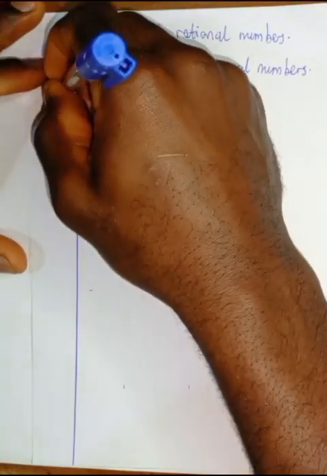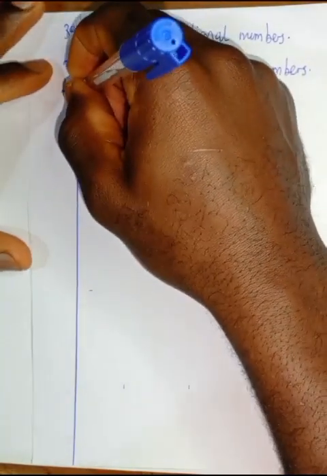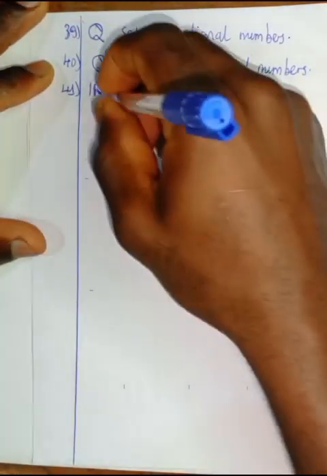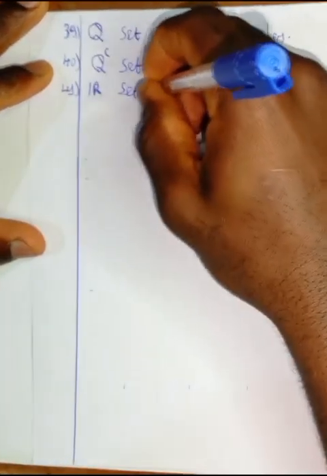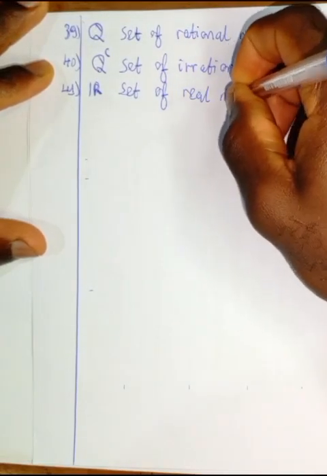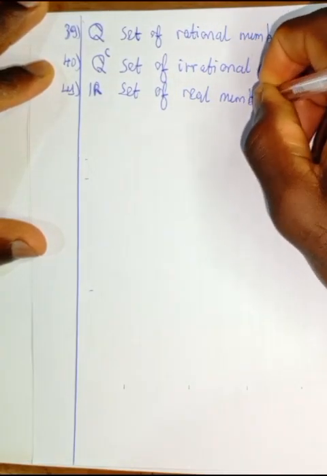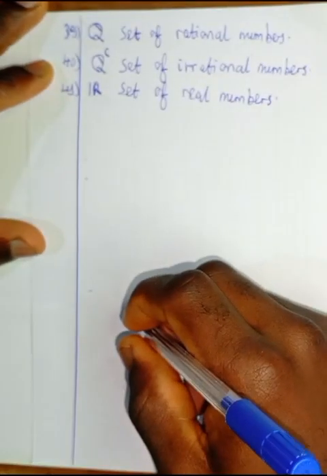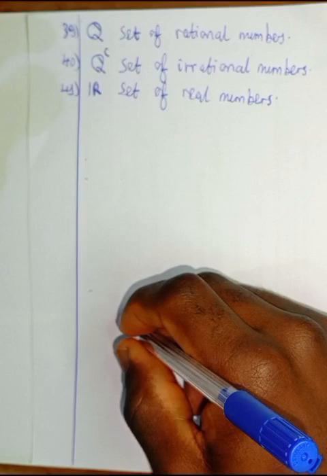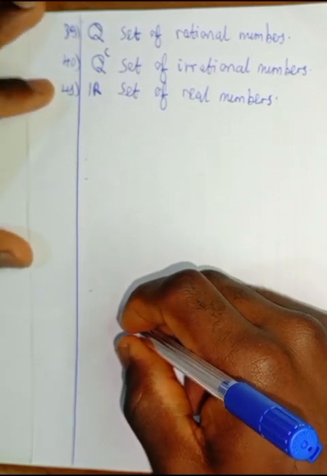We go to 41. We have R, which stands for the set of real numbers. When we talk of the set of real numbers, it is simply the union of the set of natural numbers, the set of integers, the set of rational numbers, and the set of irrational numbers.